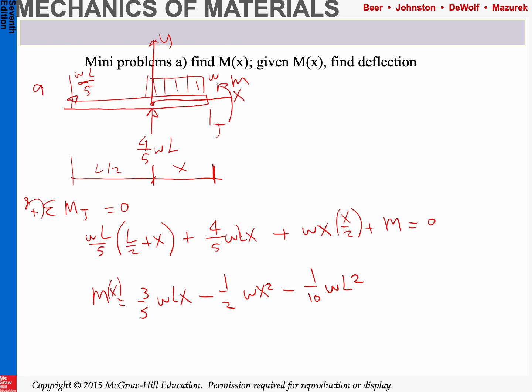This would be your mini problem for one thing. You have a load, a beam, and you want to find the equation for the moment. The next part, part B, is looking at, if I were to give you that equation, how you would find the actual deflection.